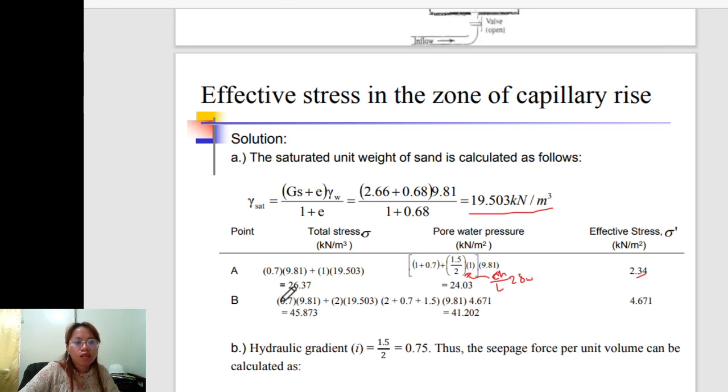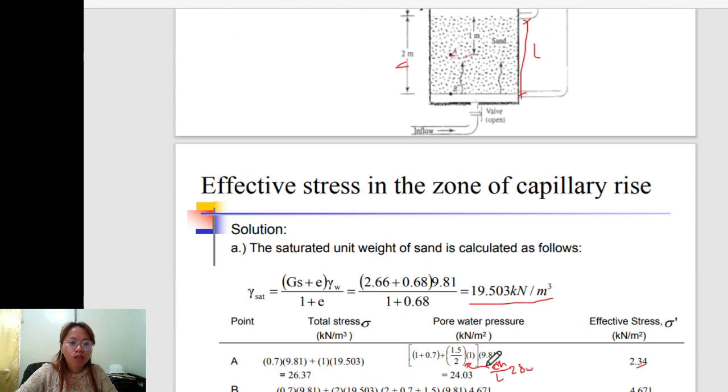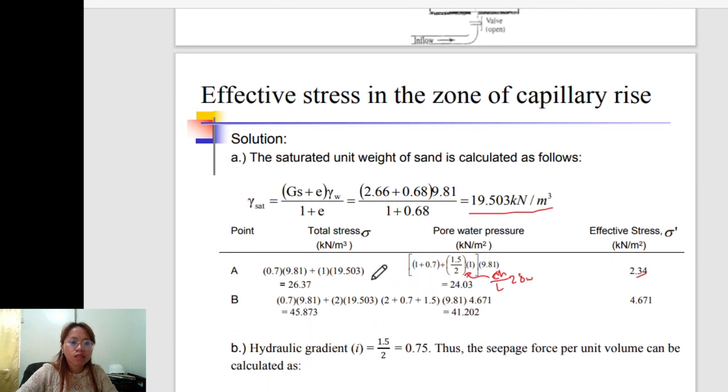Then for point B, that is 0.7 times 9.81 plus 2 times the saturated unit weight of the soil, which is 19.503. So the answer is 45.873.